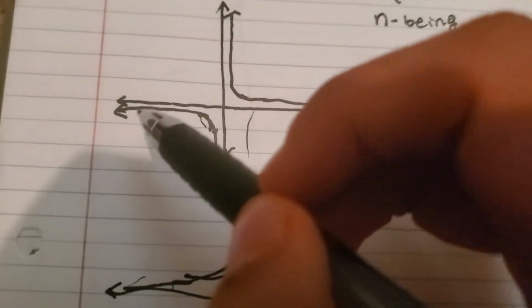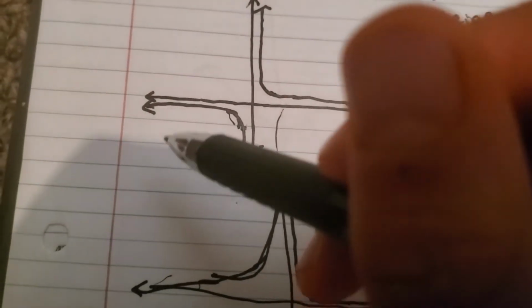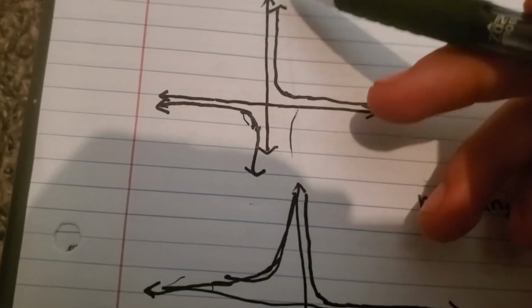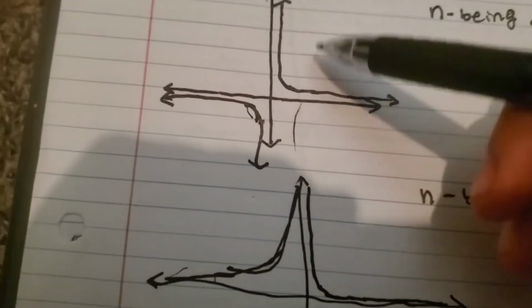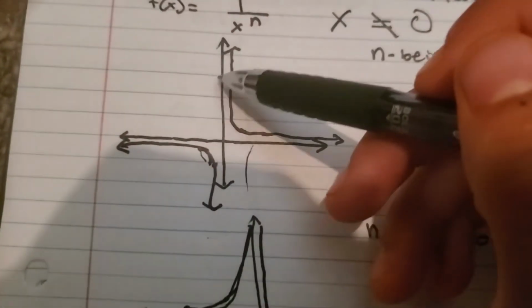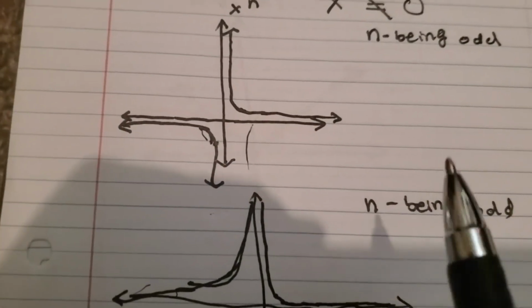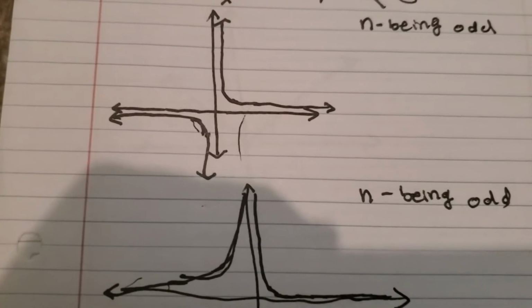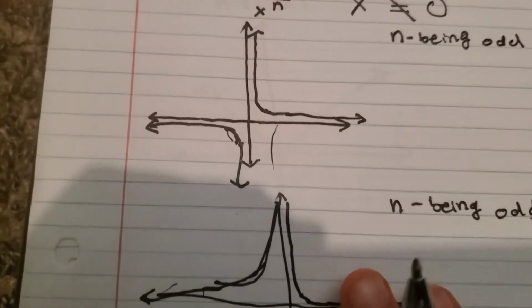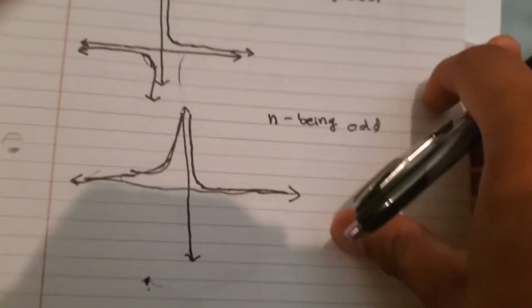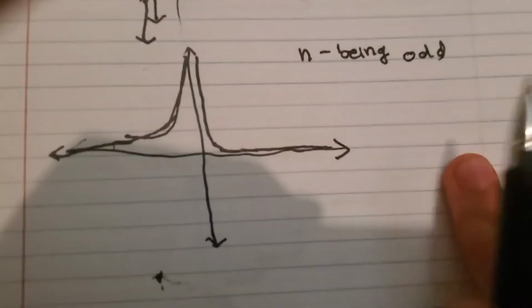On the left side it goes straight down, decreasing in the negative direction, and on the right side it goes from positive infinity, decreasing to 0. We could talk about that in a future video, but we'll be talking about that quite a bit when it comes to the root functions. But then we have an odd case.